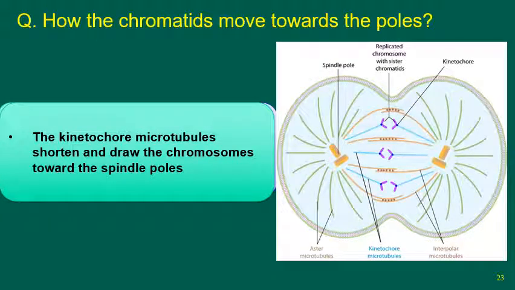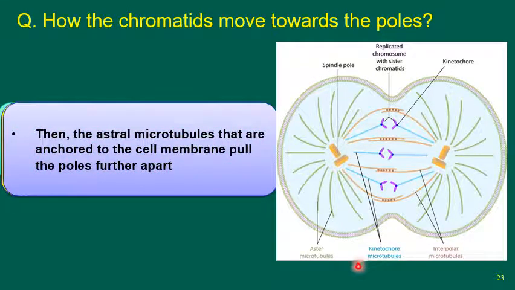Question: How do the chromatids move towards the poles? At the beginning, the kinetochore microtubules shorten and draw the chromosomes toward the poles. Then the astral microtubules that are anchored to the cell membrane pull the poles further apart. يعني هنا الاستيريال مايكروتيوبيولز اللي ترتكز على السيل ممبرين تسحب لنا القطبين بعيد عن بعضهما البعض.